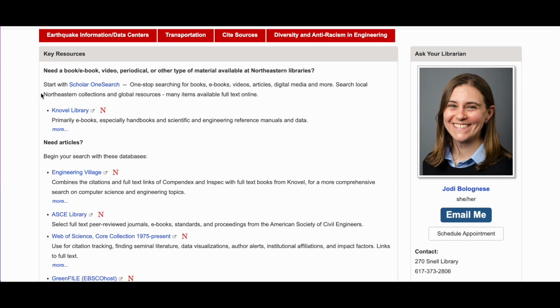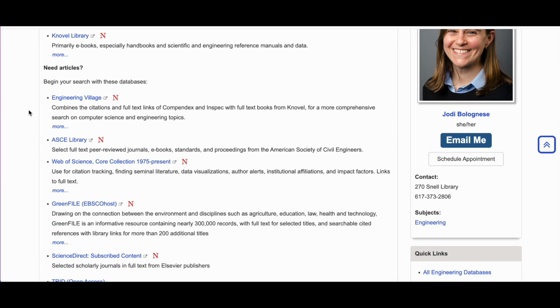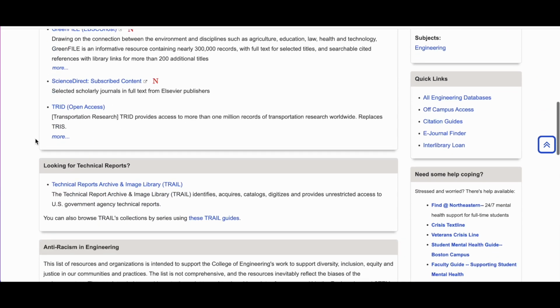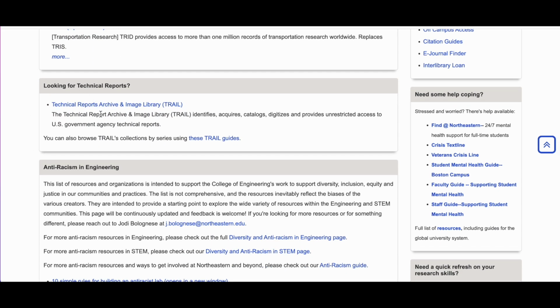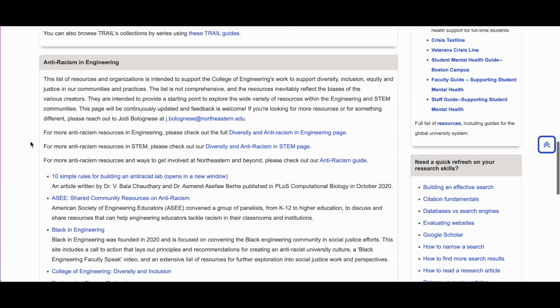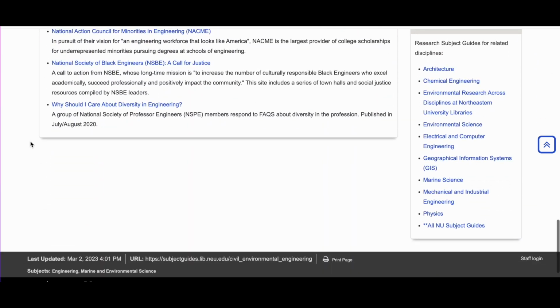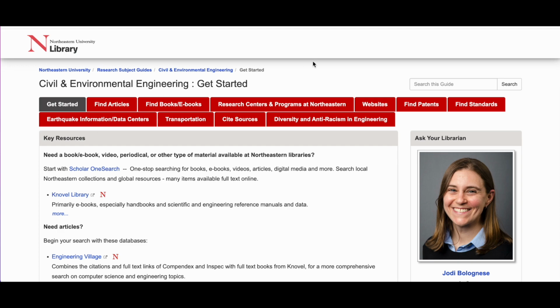Again, this is Jody's subject area, so she's starting with Scholar 1 and also this Novell library source, and then she says if you need articles to use these particular databases, if you're looking for technical reports here, anti-racism and engineering here. So what Jody is doing here is essentially setting up a research course for you, right? If you're researching in these areas, go here, go there, and then see what you get.